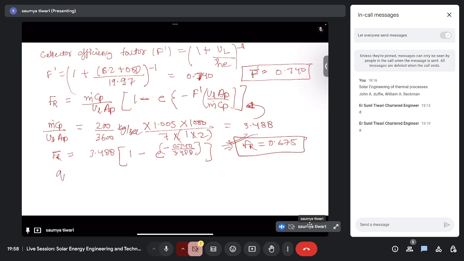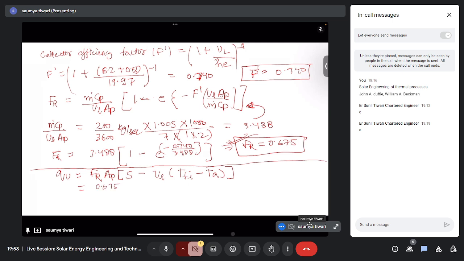So for the useful heat gain, we know the formula: it will be FR into area of the plate into your incoming solar flux minus your loss. Loss is your overall heat loss coefficient into the fluid inlet temperature minus your ambient temperature. This is your loss term, and this is the incoming flux. We already know all the values. FR value is 0.675.